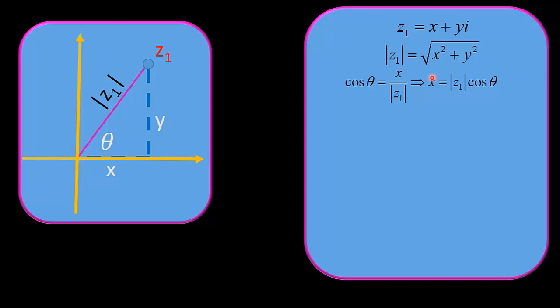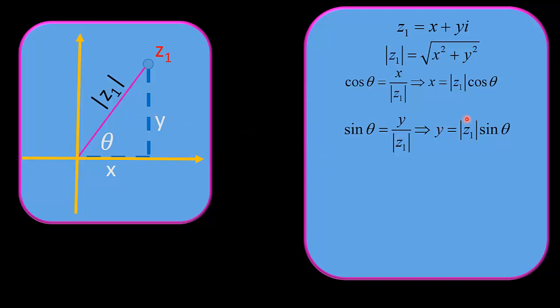Now, notice that cosine theta is equal to adjacent over hypotenuse right here. That means that I can replace the x with the modulus of z1 times cosine of theta. See, that goes right there. Likewise, sine of theta is opposite over hypotenuse. See?